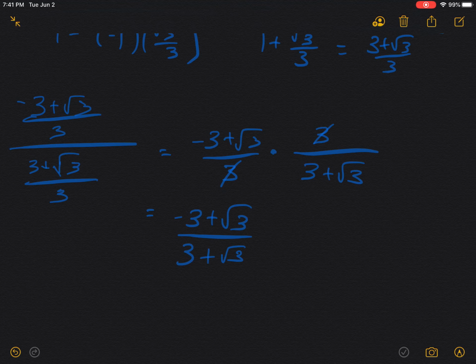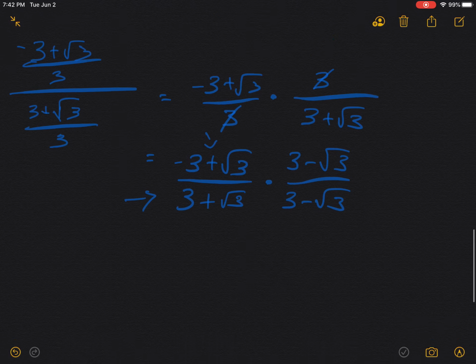No, you can't do that because of the plus signs. So what I'm going to do is an old concept, which we haven't done in a while: I'm going to multiply by the conjugate of the denominator because that's how I rationalize. So that would be 3 minus square root of 3 over 3 minus square root of 3.